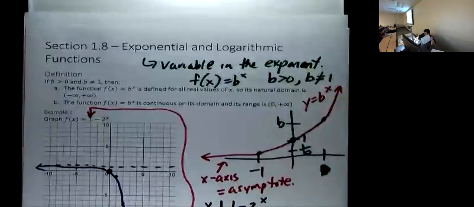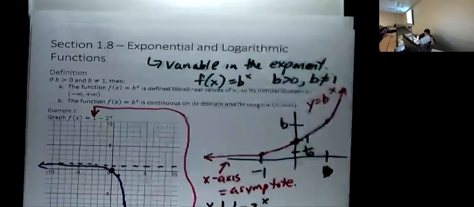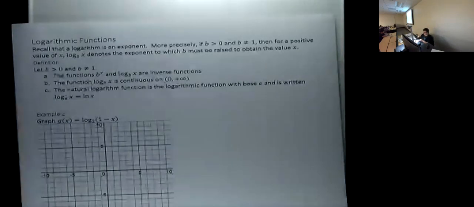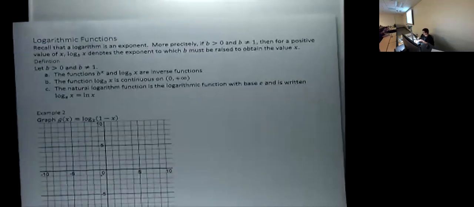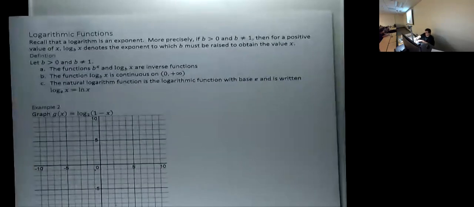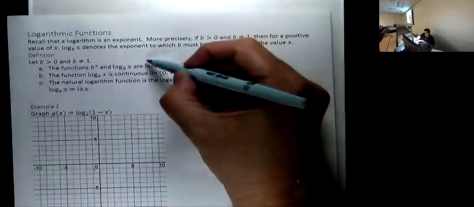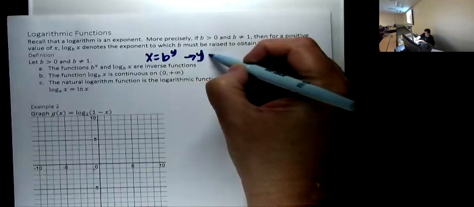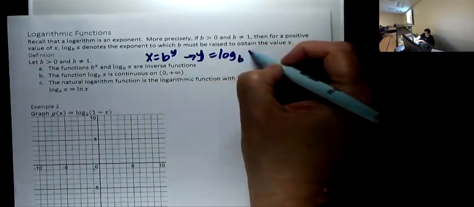All right, so how are these related? So that first sentence there is a really, really long way of saying x equals b to the y and y equals log b of x are interchangeable.